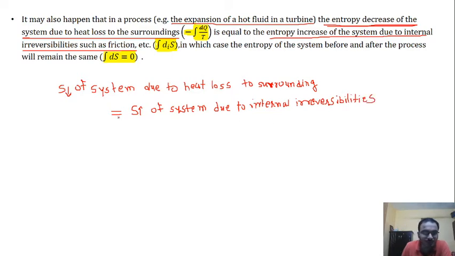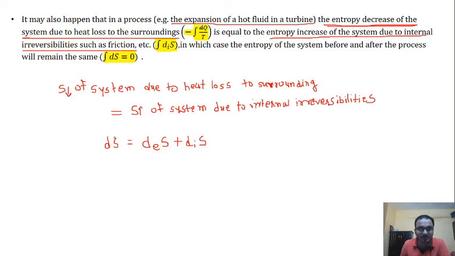Okay, so if you recall why I have repeated the same thing again over here, because suppose we have total ds which is equal to des, that is due to the heat interaction or external heat transfer, plus dis.